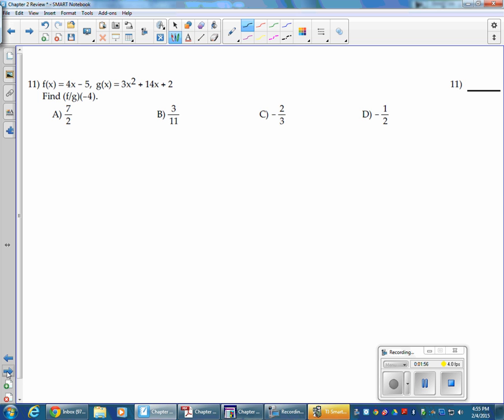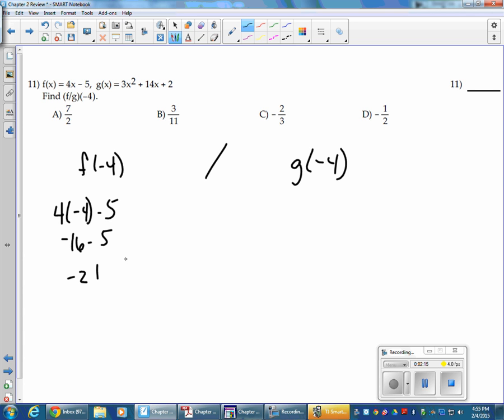Number 11, find f divided by g of negative 4. So I want to do f of negative 4, and I want to do g of negative 4, and then divide those two. f of negative 4 means plug negative 4 into the f equation. 4 times negative 4 minus 5 is negative 16 minus 5. That's negative 21. And then g of negative 4 is 3 times negative 4 squared plus 14 times negative 4 plus 2.